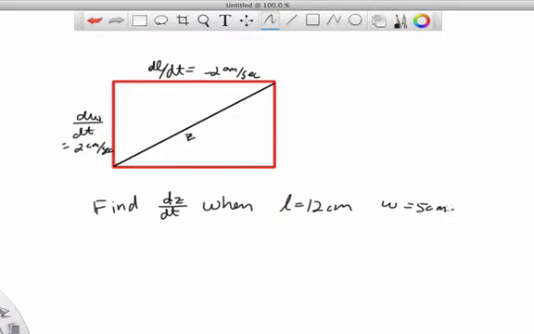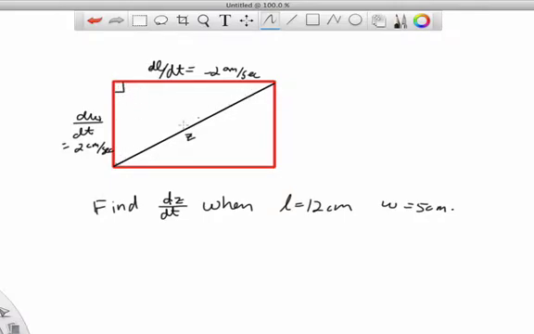So I need an equation that is involving all of the values that I have here. So I know from the problem that the width is going to be 5, and the length is going to be 12. And I'm trying to find the diagonal. If you look at this, hopefully you can kind of see it. If you don't, you'll see it many more times again, that this is going to be a right triangle.